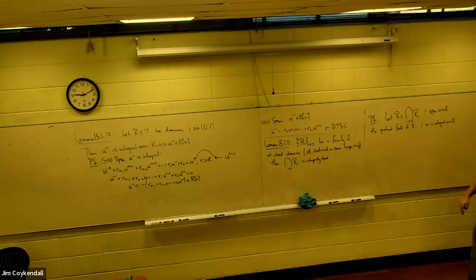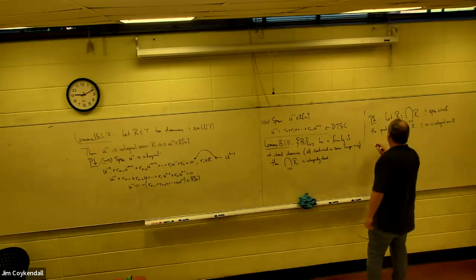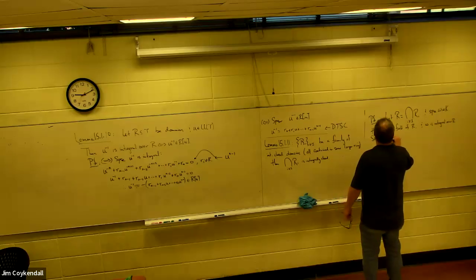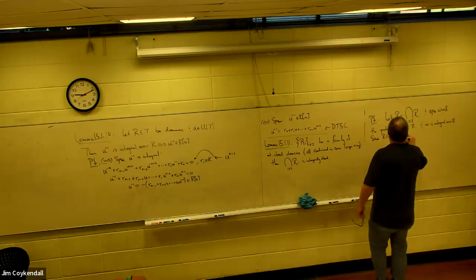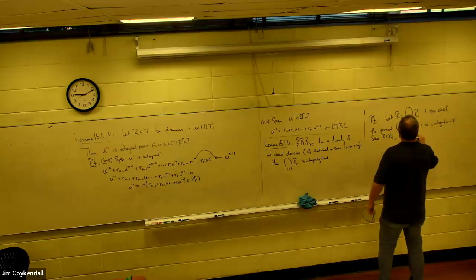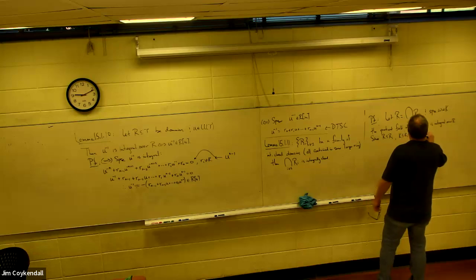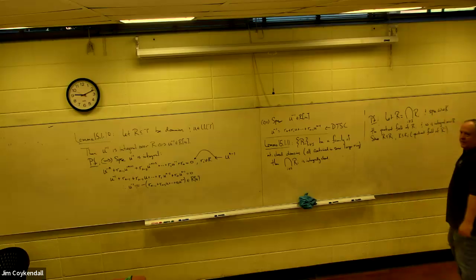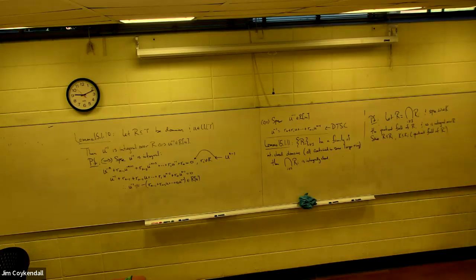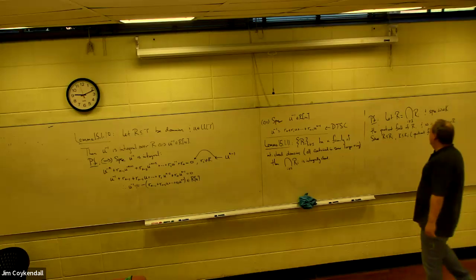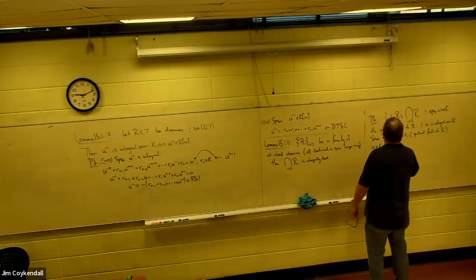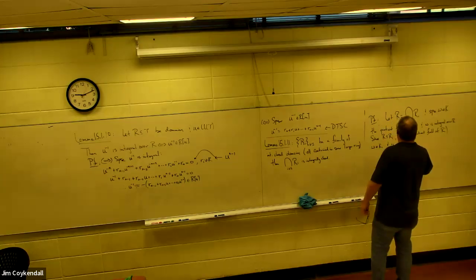Notice that since R is in R_i, K is in K_i, the quotient field of R_i. So R is contained in each of these R_i's, so the quotient field of R is contained in the quotient field of all of these. So omega is in K_i and is integral over R_i.